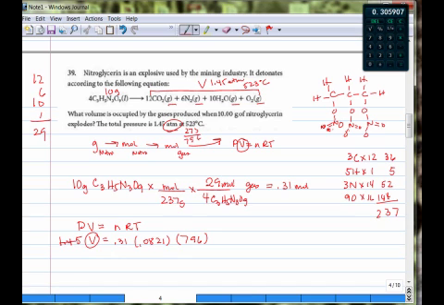So I will be dividing both sides by 1.45 to get V. So I have 0.31 times 0.0821 times 796 divided by 1.45, and I get 13.97, so I get about 14 liters.